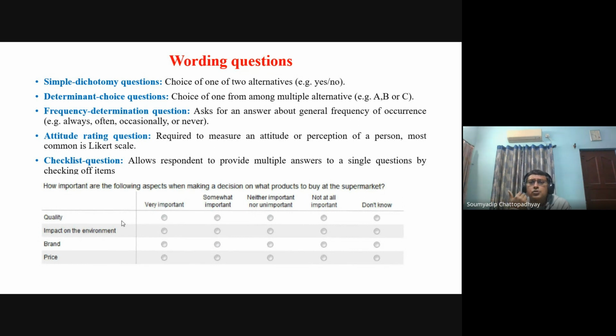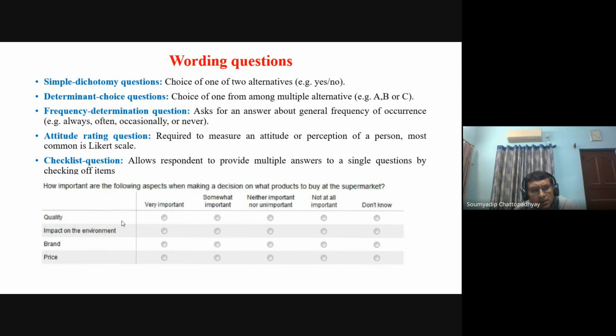In order to examine this kind of question, you may ask your respondents whether the elected representative visits their locality or not. Here the answers may be always visits, often visits, occasionally visits, never visits. So this is basically a kind of frequency determination question.